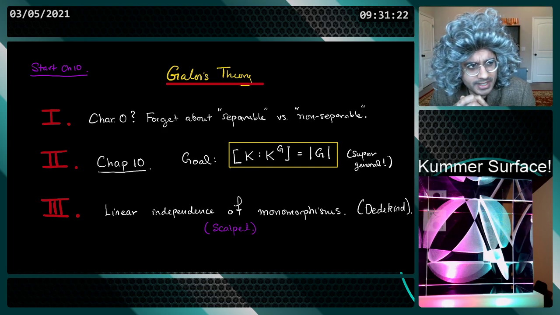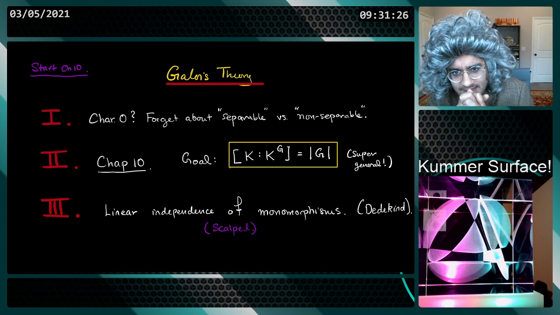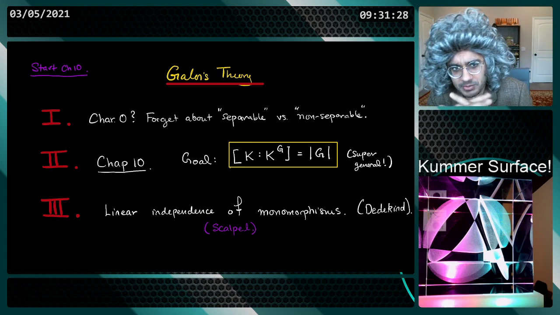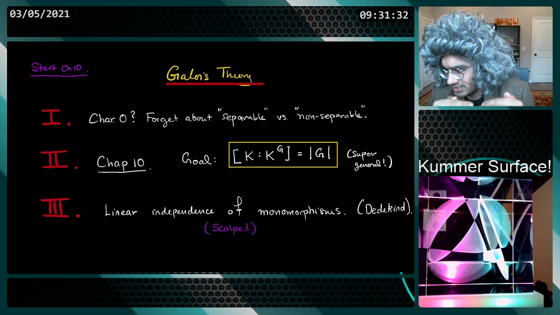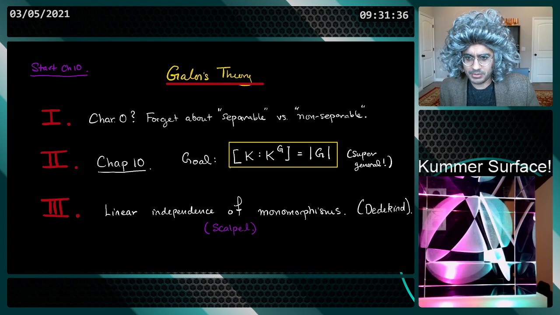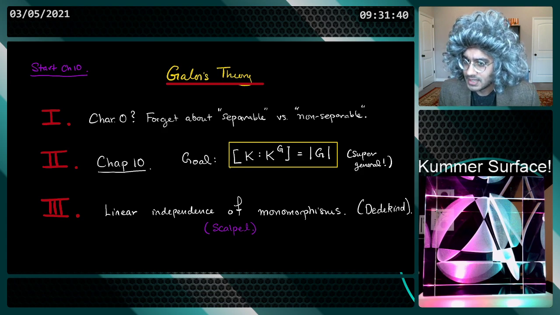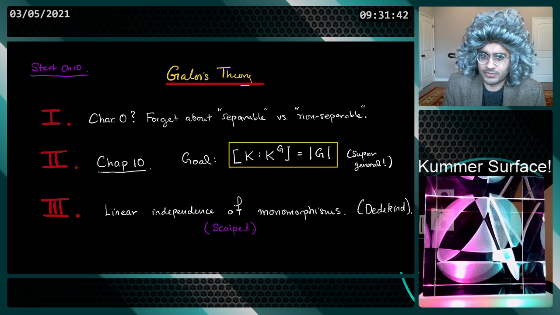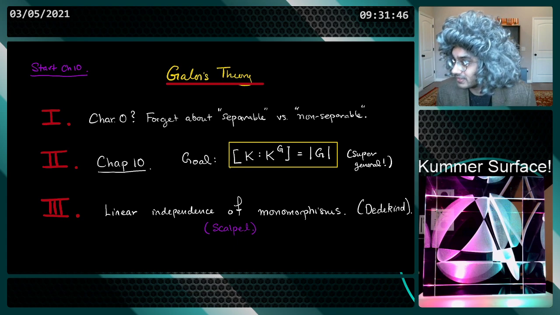Class, as usual, I can only do 3 things every day, basically. Today we're basically transitioning into chapter 10. And chapter 10 is one of the basically 2 or 3 chapters that builds the little building blocks of the proof of the Galois correspondence, the fundamental theorem of Galois theory.